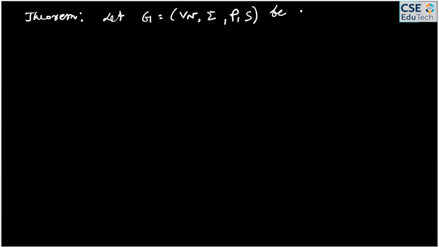So now a theorem. Let G equal to (Vn, sigma, P, S) be any context free grammar without null production.